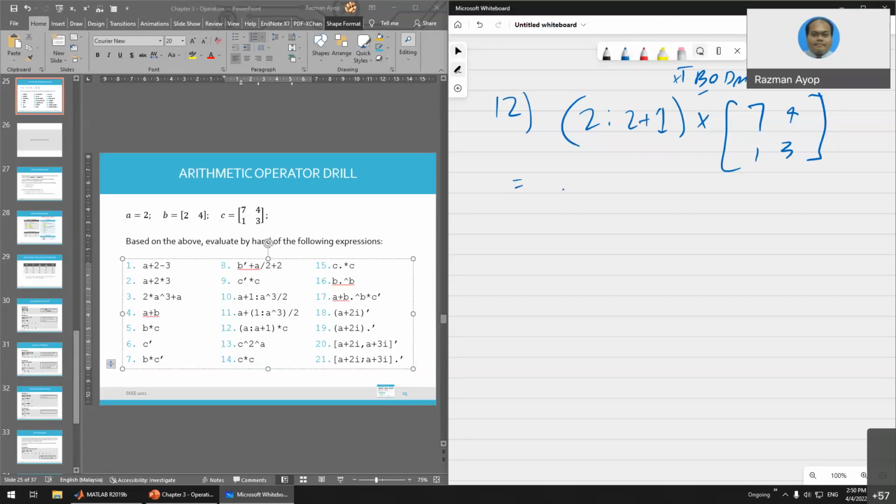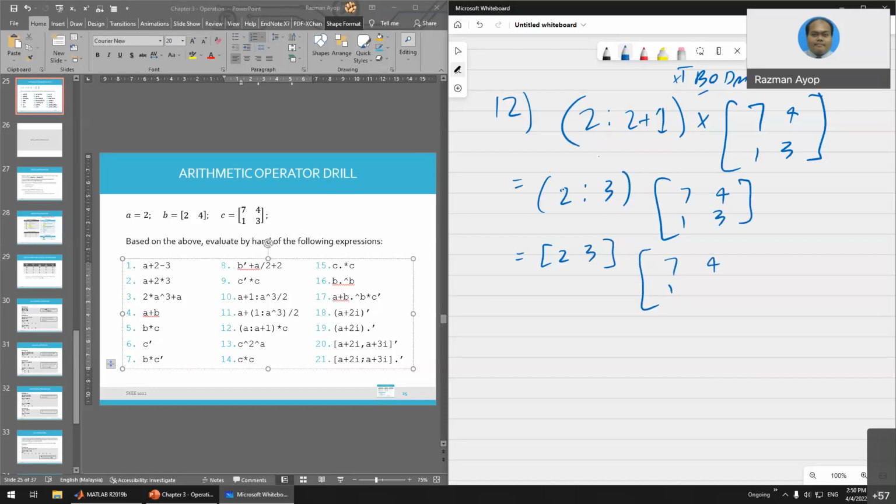In the bracket you have colon and summation. Summation has the highest precedence, so for this case, 2 and 3. Of course you have to show it one by one, if not, it is considered cheating. So 2, 3, because you have to solve the bracket first.